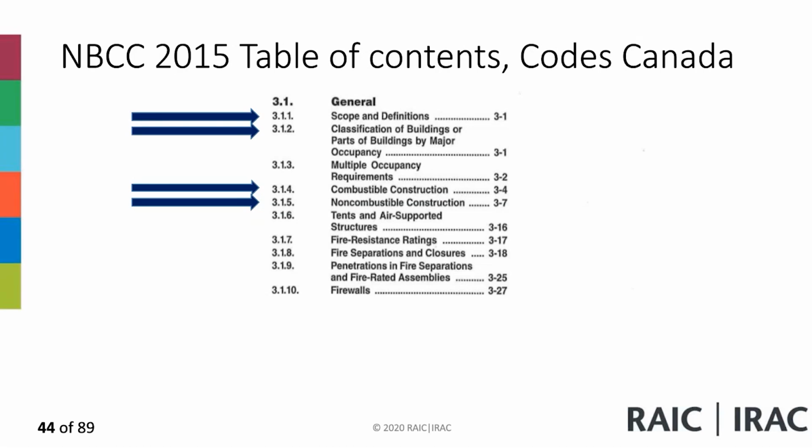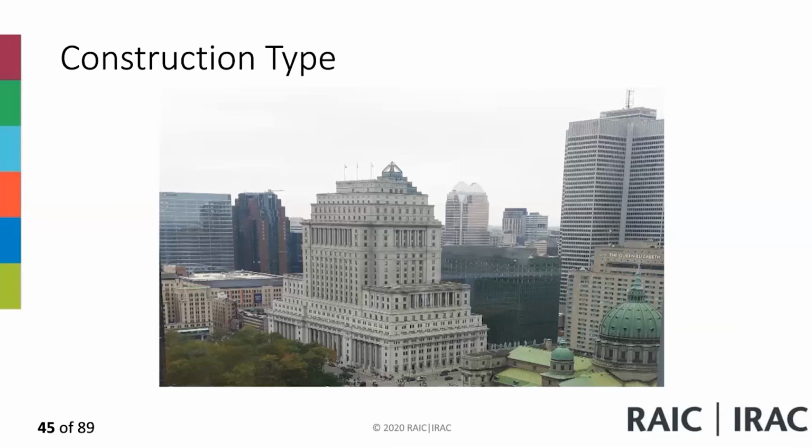Classification of buildings or part of buildings by major occupancy. We're going to look at combustible construction and non-combustible construction. Construction type. So what is the construction type of buildings? The buildings can be constructed of different types of materials. And the most conservative type of material is, of course, the non-combustible material.